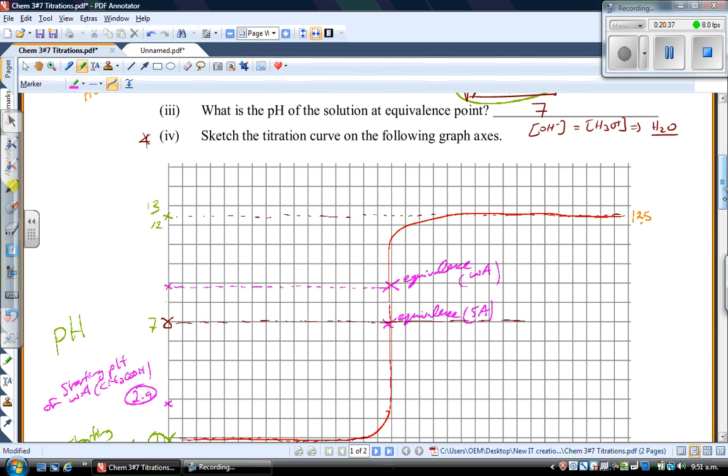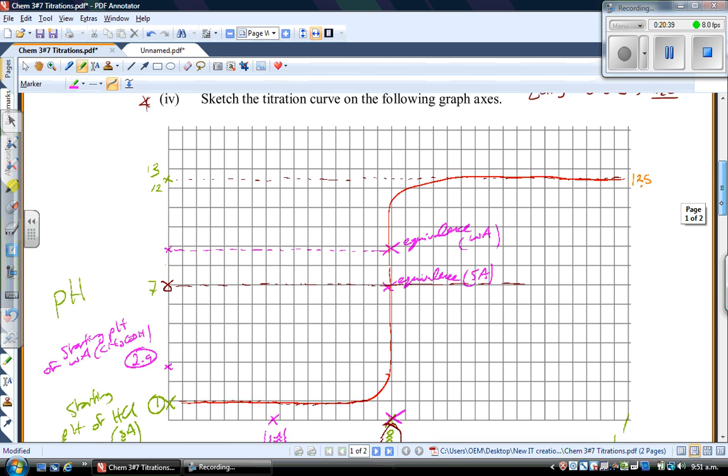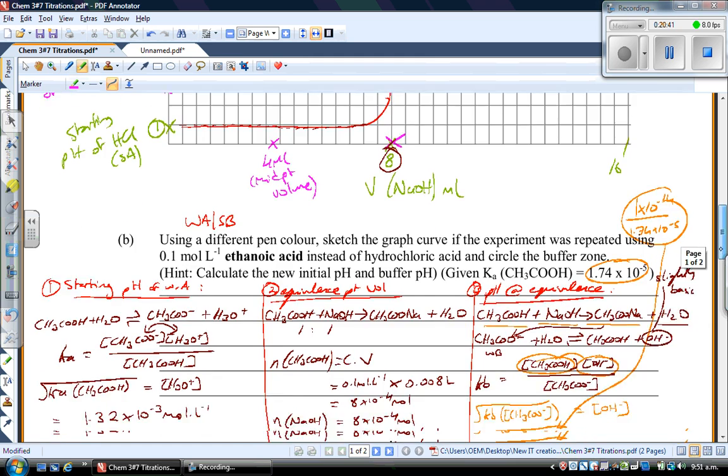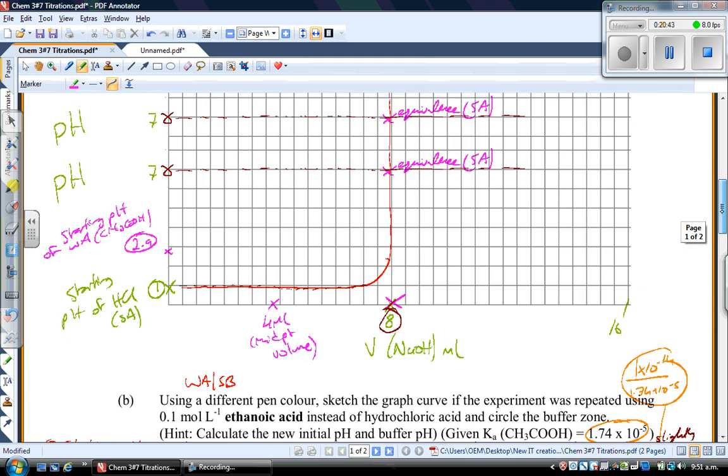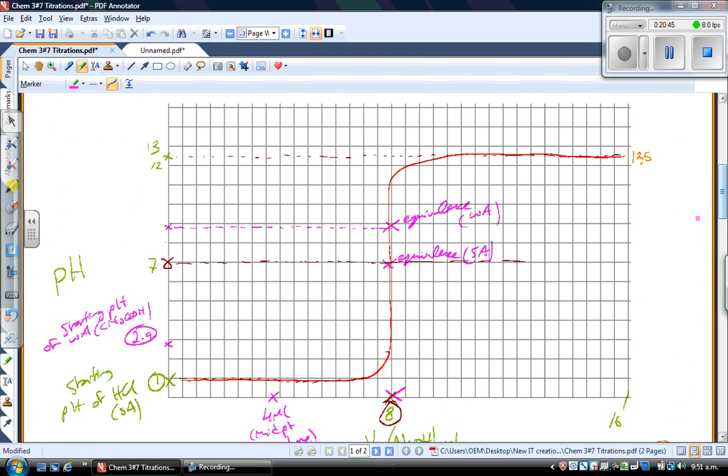And then we also need to put down the midpoint pH, which was 4.45. So 4.45 is about here then. We draw a line over, and that should tell us that our midpoint should be right there. So that's our midpoint.